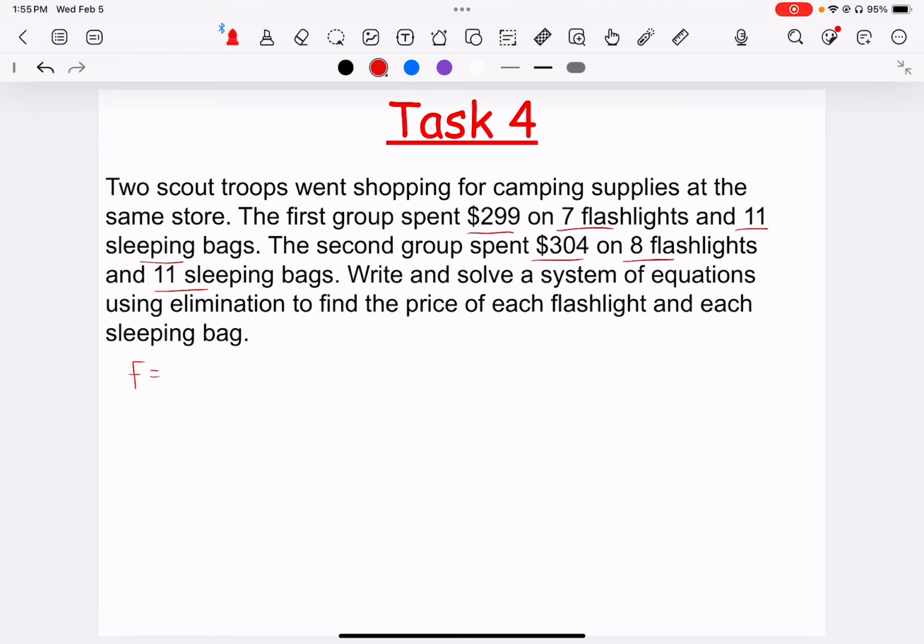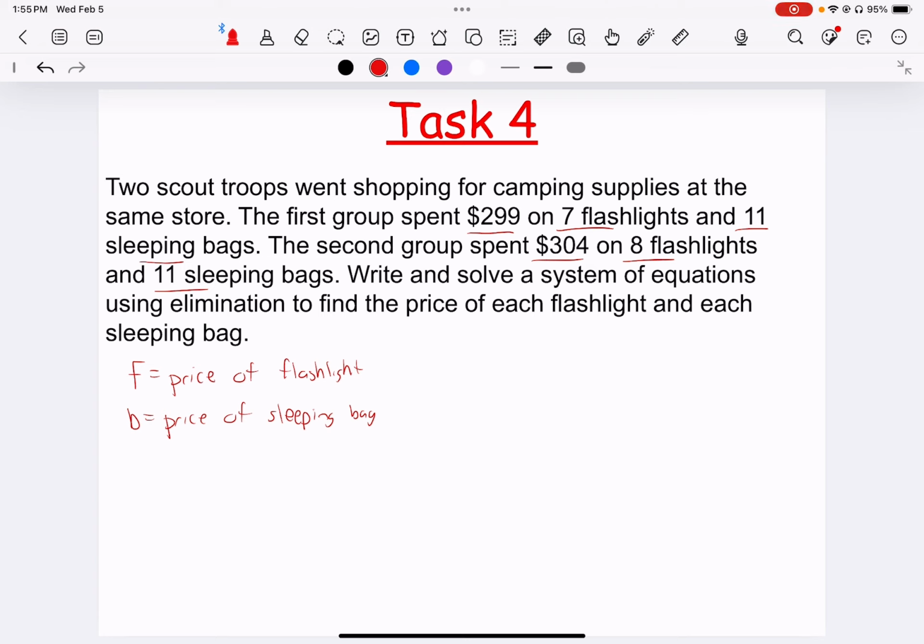So first, I'm going to identify my variables. F is the price of the flashlight, and I'm going to use B, because I don't like to use S because it can look like a 5, for the price of the sleeping bag.